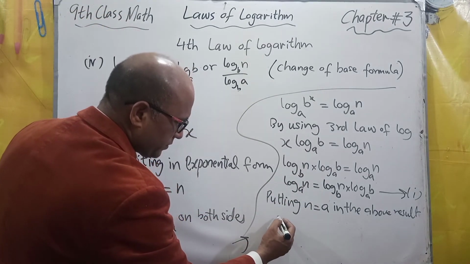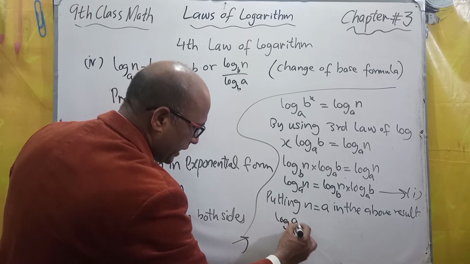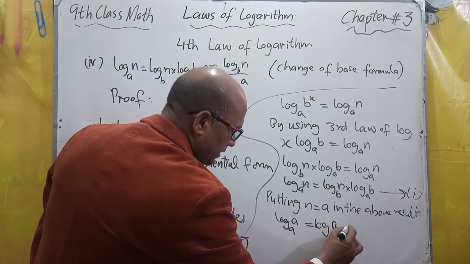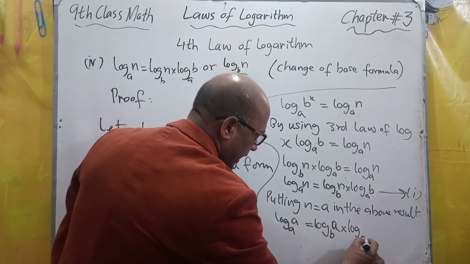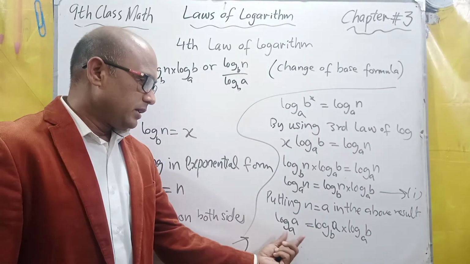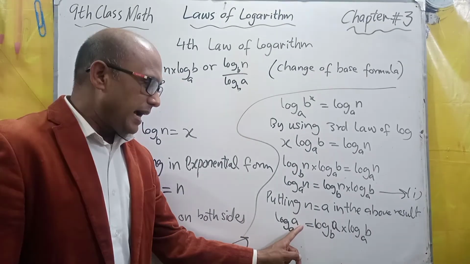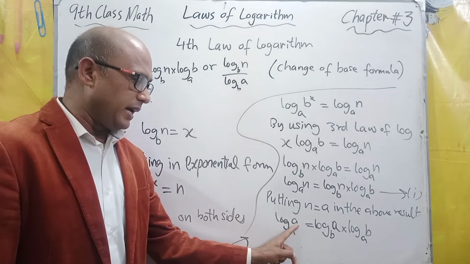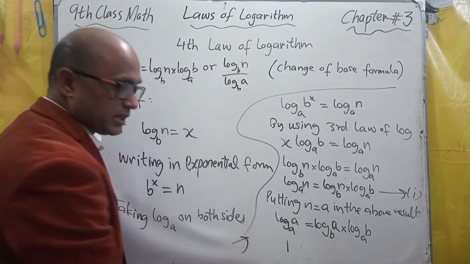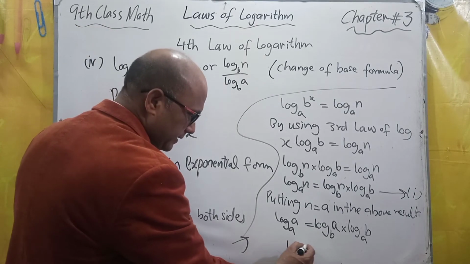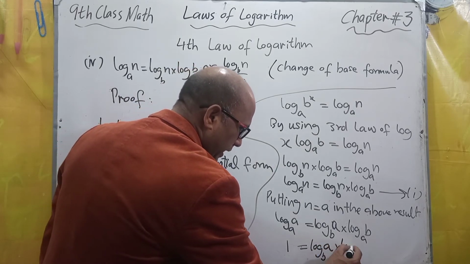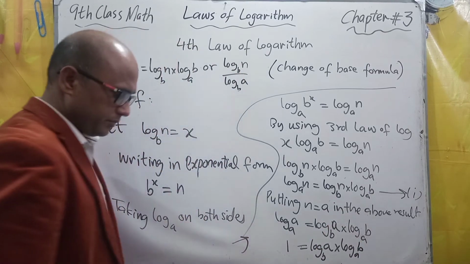So students, here we'll get log A of A is equal to log B of A multiplied by log A of B. Now there is a law in logarithm where the base of log and the number written along with it, if they are the same, they are equal to 1. So in place of this log A of A, we can write 1 equal to log B of A multiplied by log A of B.